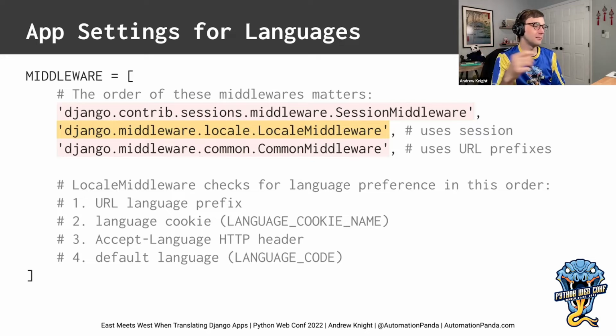And that will be provided by the language cookie name variable. Third thing it will look for is if you have an accept language HTTP header, right? Is the request expecting something in terms of an accept language? And then finally, if all else fails, it'll fall back on the default language, which is set by the language code variable in the settings file optionally.